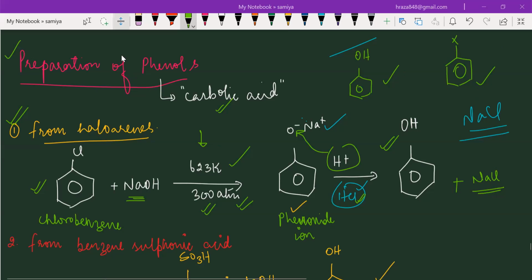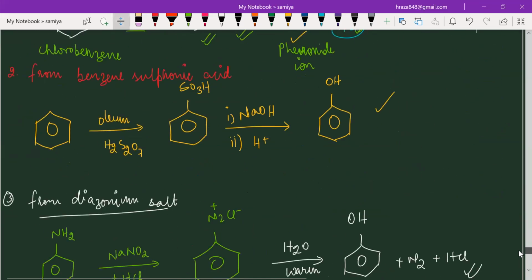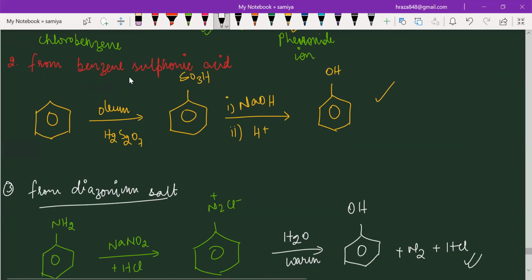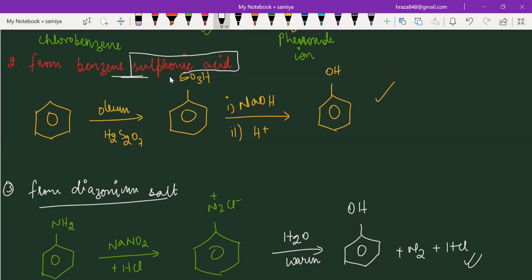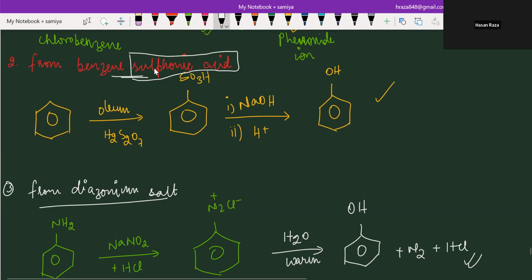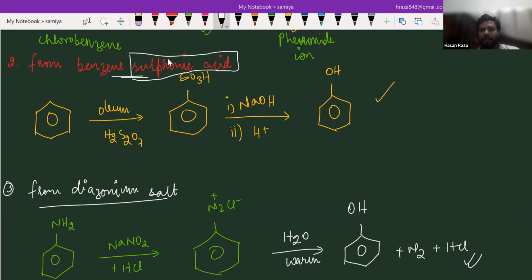So we are going to prepare phenol by the next method, that is from benzene sulfonic acid. Do you know what this sulfonic acid is? Do you have any idea about sulfonic acid? Yeah, sir. SO3H. SO3H is a functional group, and in nomenclature we give most priority to this functional group, sulfonic acid.